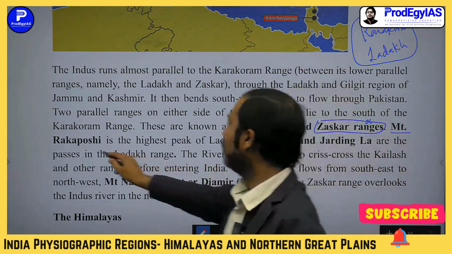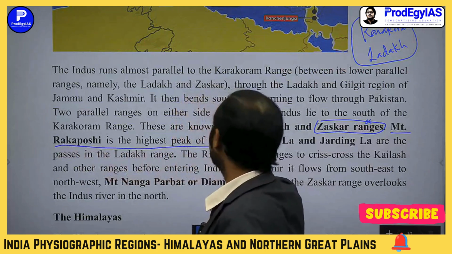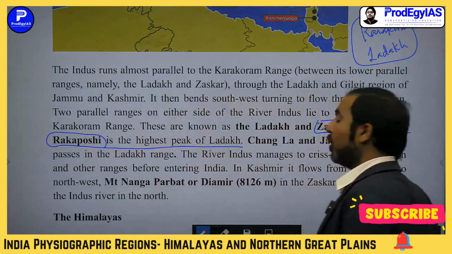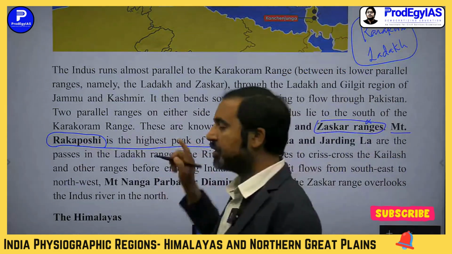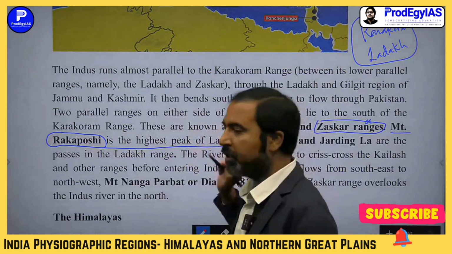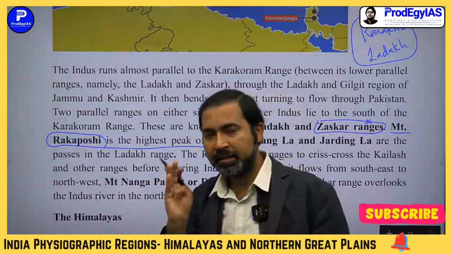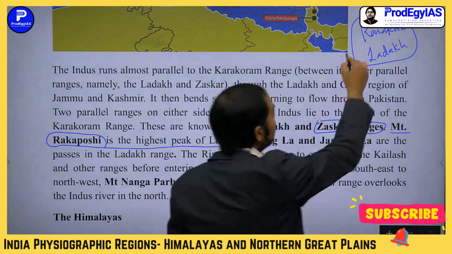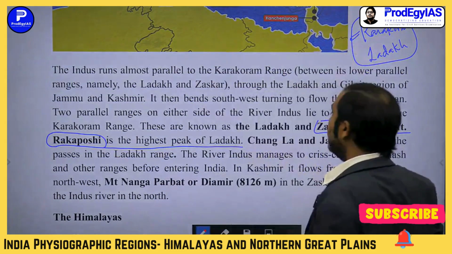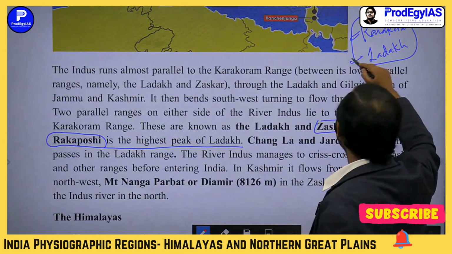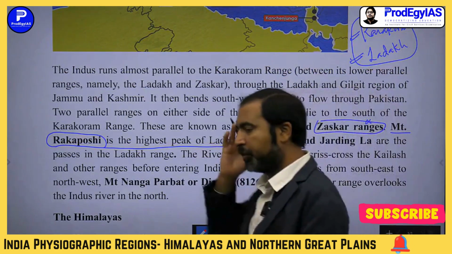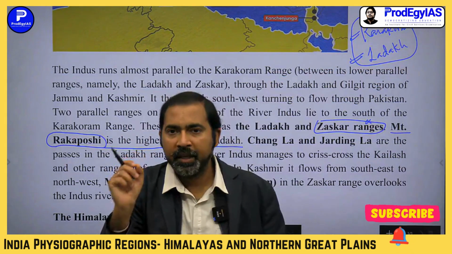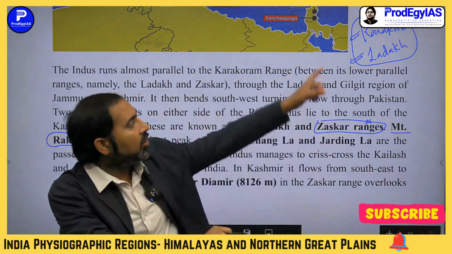Mount Rakaposhi is the highest peak of Ladakh. We have just seen this peak in the peak map. K2, Gasherbrum and others were there. So K2 and the other peaks are of the Karakoram range, and Rakaposhi and Haramosh are the peaks of the Ladakh range. Keep it in your mind.